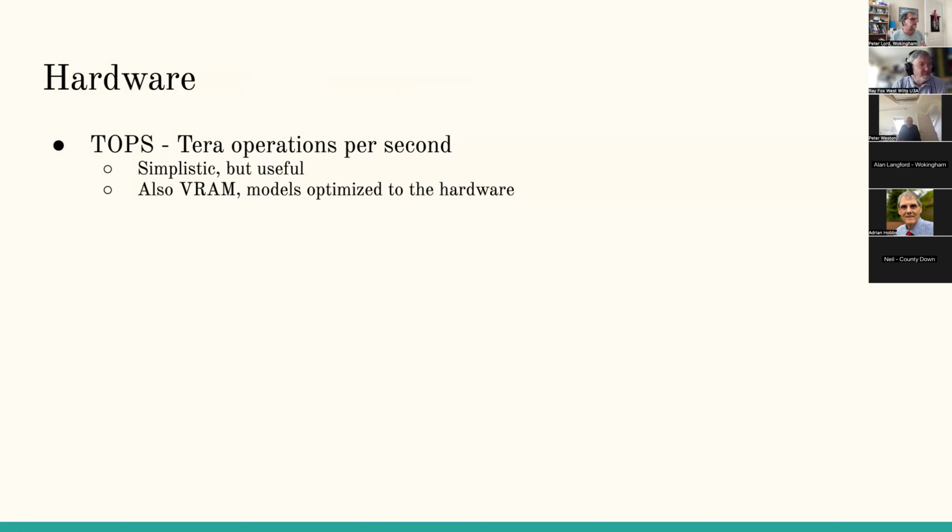But there's more to TOPS that affects the performance of your model. How much memory is available to your model. Now, this does matter in some cases. I'll summarize in a minute. So your desktop will have a CPU in it, a central processing unit, and you can use that to run your model. It may also have an NPU, a neural processing unit in it, and my desktop does.